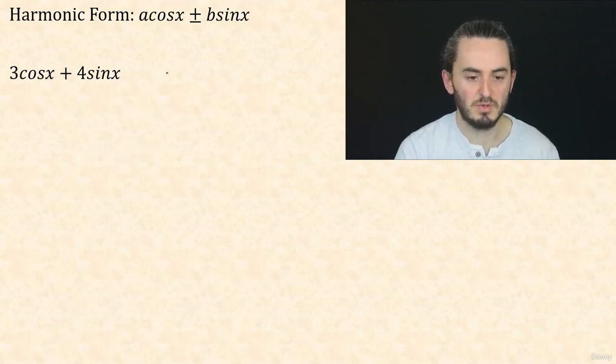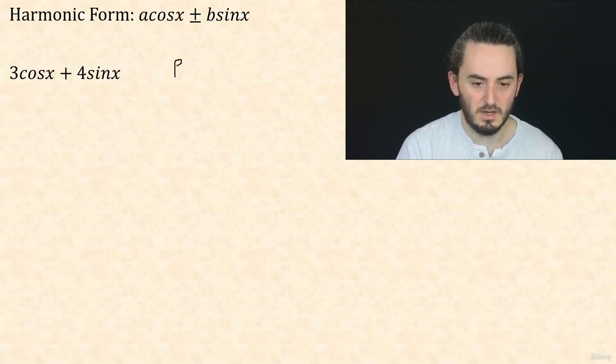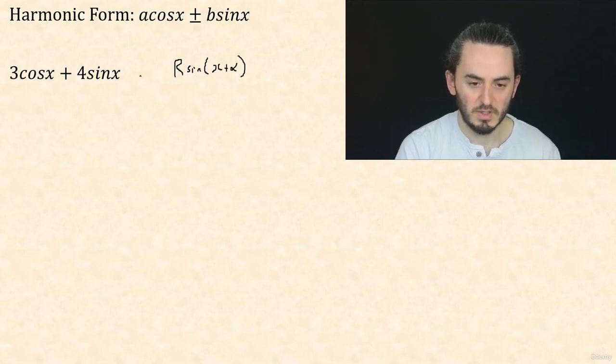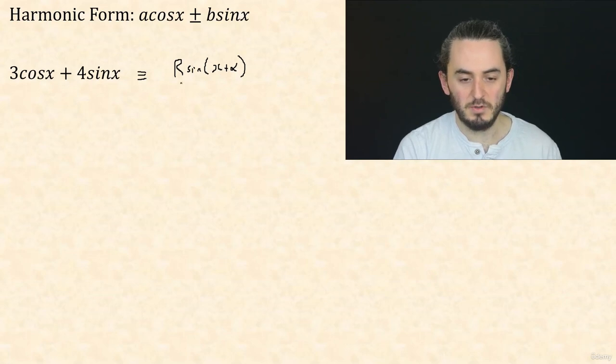So I'm going to try to represent this in the form r sine of (x plus alpha). Okay, and I want to find some number r and some number alpha such that these two things are completely identical. And what are the constraints on this?